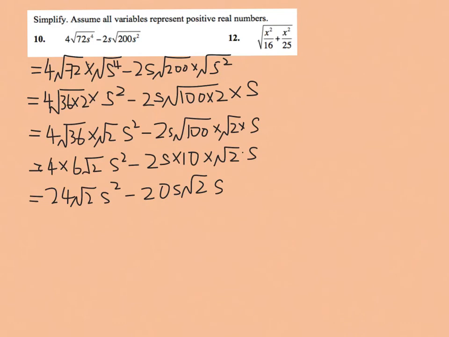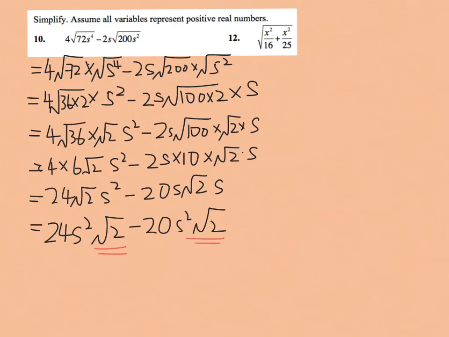And you have to rewrite this with the radical term or radical part on the end of the expression. So you rewrite it as 24 s squared root 2 minus 20 s squared root 2. And you could see that we have root 2 as a factor for both terms.